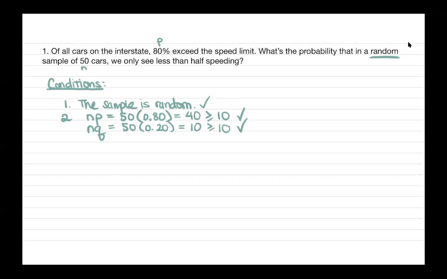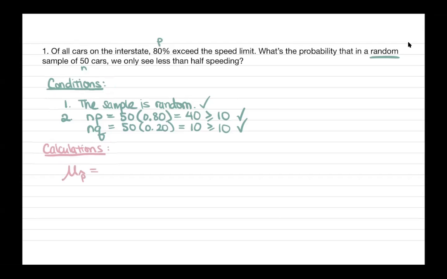Next, let's go ahead and set up our normal distribution. So let's do our calculations. Which, by the way, you guys don't actually have to write conditions or calculations. I just do that to keep myself organized, but you don't have to, okay? All right, help me find the mean. Susan, how do I find the mean for our sampling distribution?